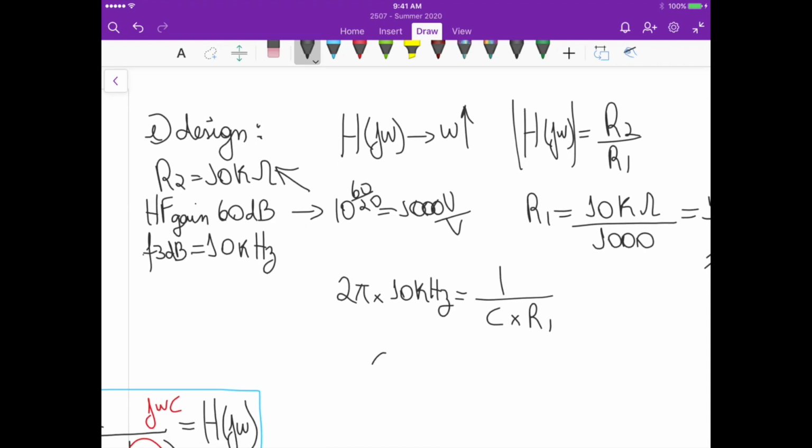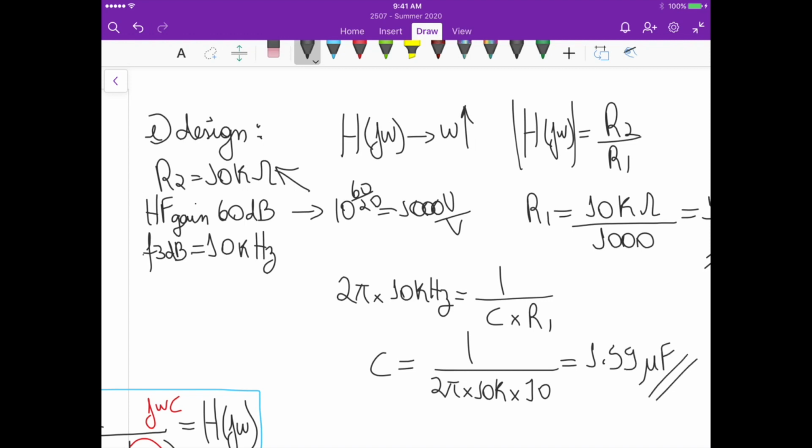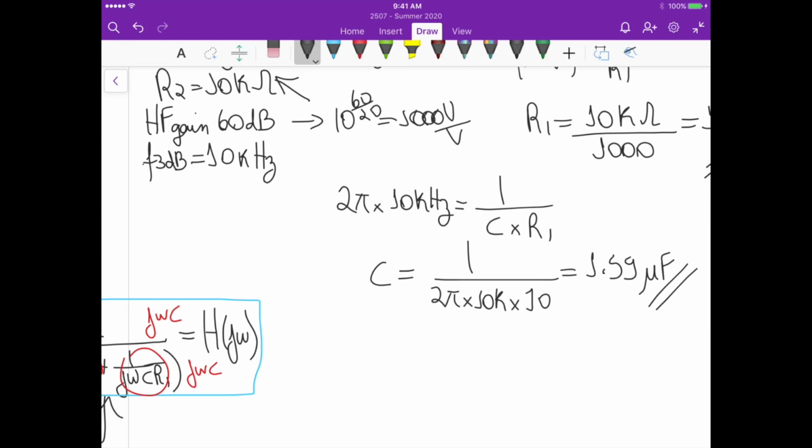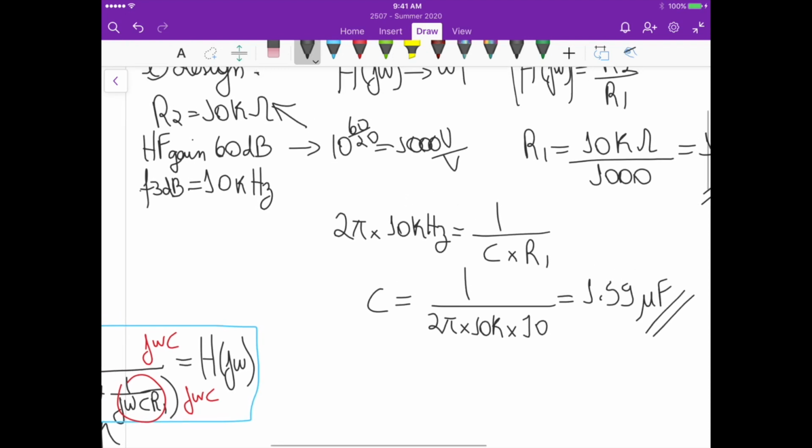This implies that C is equal to 1 over 2 pi times 10k times 10, which is our R1, and this gives us 1.59 microfarads. Right, so this is the capacitance. So we are done with the design.